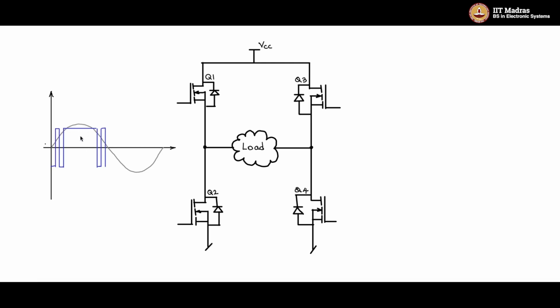I am taking a carrier frequency which is not too high compared to the modulation signal, so that I can see the pulse pattern. But in a practical sense, the frequency of the triangular carrier will be much higher compared to the modulating signal, and then you will see a band. But I want you to see the edges moving up and down.